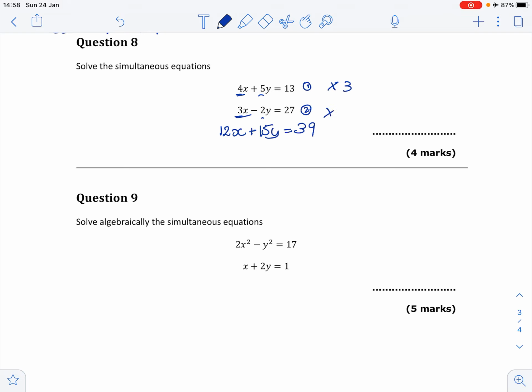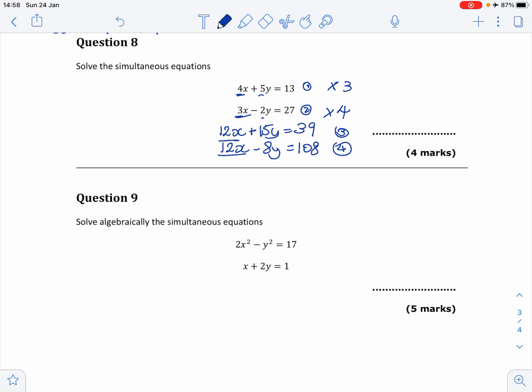Then equation 2, you need to multiply by 4. So 3x times 4 is 12x. Minus 2y multiplied by 4 is minus 8y. And 27 multiplied by 4 is 108. So we're going to call this equation 3 and this equation 4.